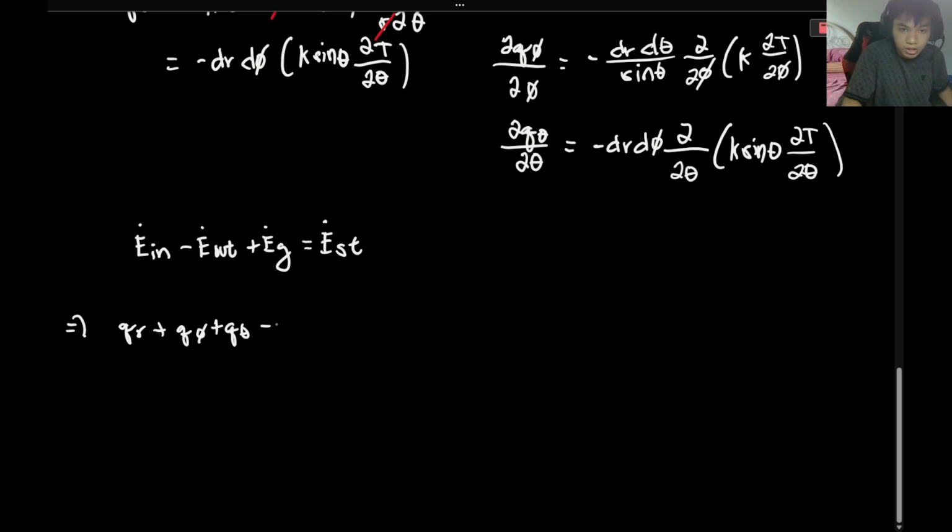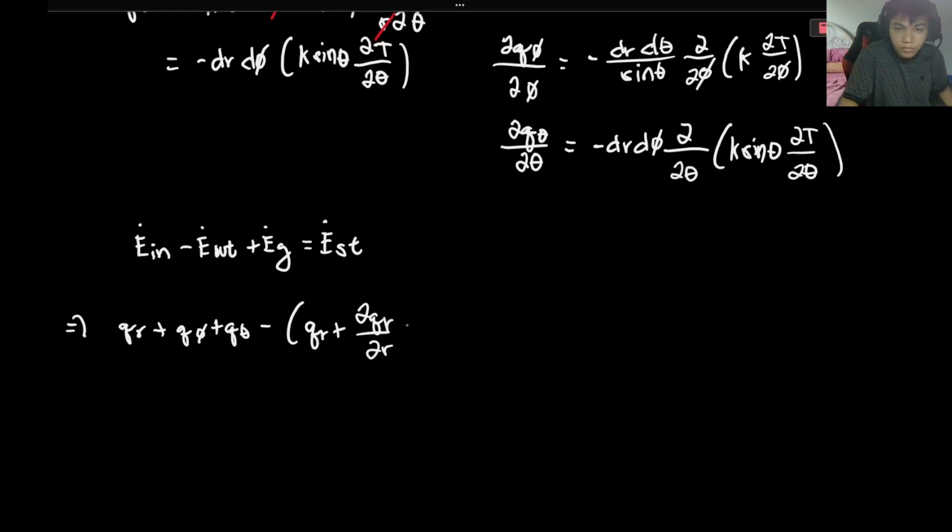And then that is minus, we have Qr plus the partial derivative of Qr over r, plus Q phi plus the partial derivative of Q phi with respect to phi. Again, just a trivial process, okay?